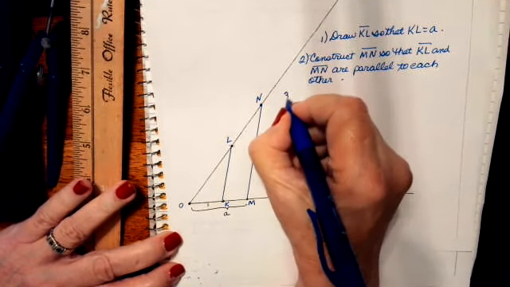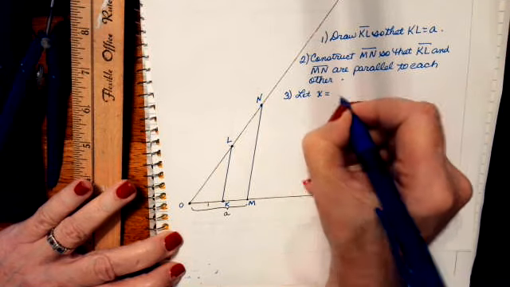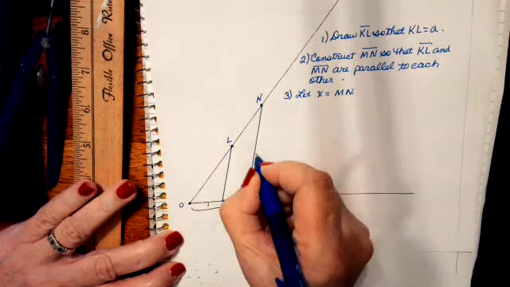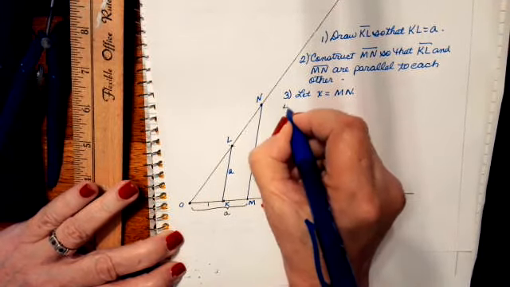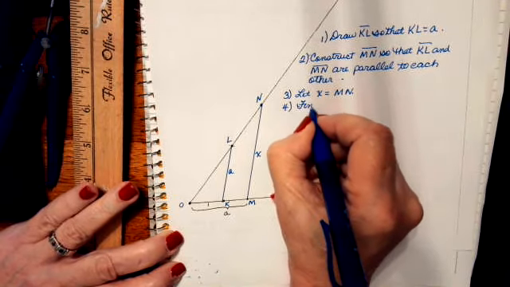And then we're going to let X equal MN and the last thing we're going to do is find X.